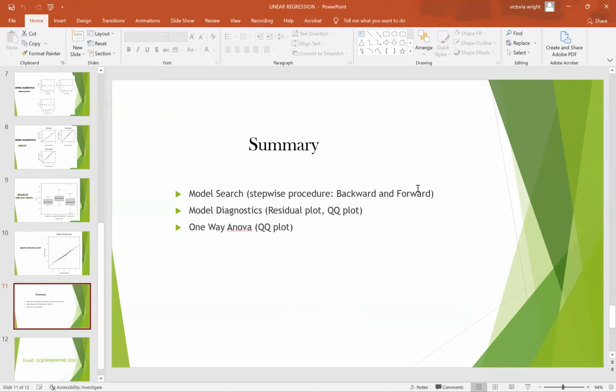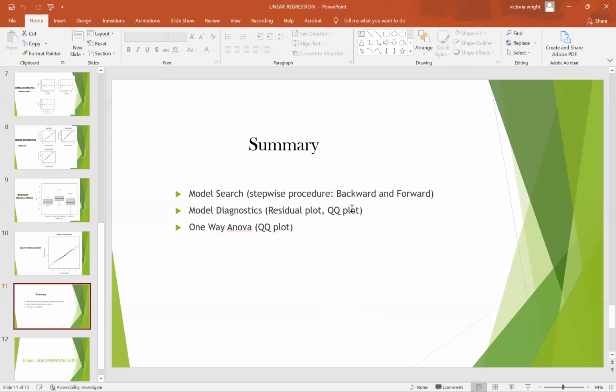And when I have the best model, I use the model diagnostics, residual plots, quick plots to check on them, make sure they follow IID, independent, identically distributed, and all of them follow IID by transforming the y-axis by logarithm.